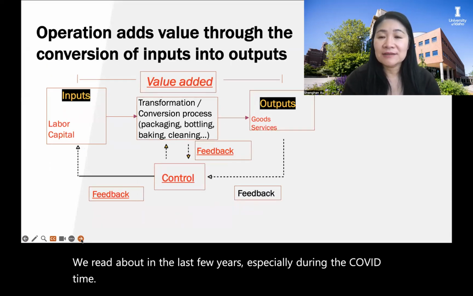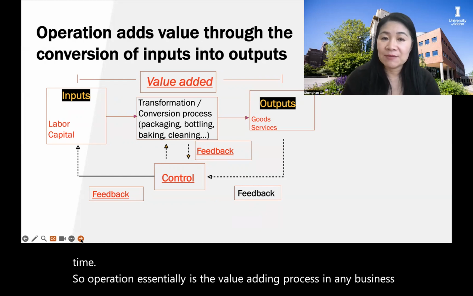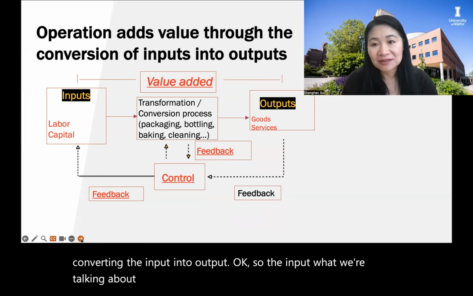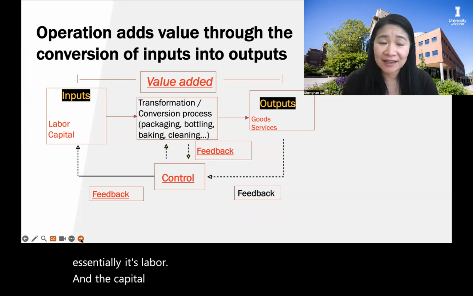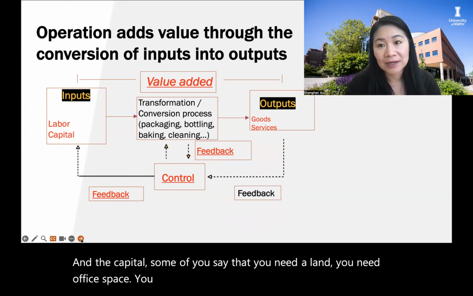Operation essentially is the value-adding process in any business, converting input into output, okay? Let's think about what inputs we can have. Essentially, it's labor and capital. Some of you might say you need land, you need office space, you need a plant.